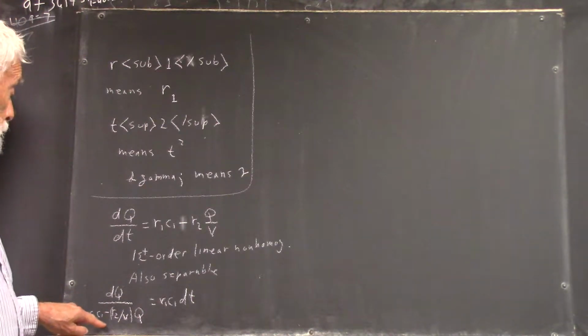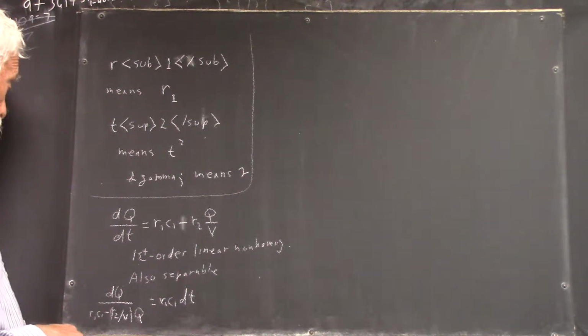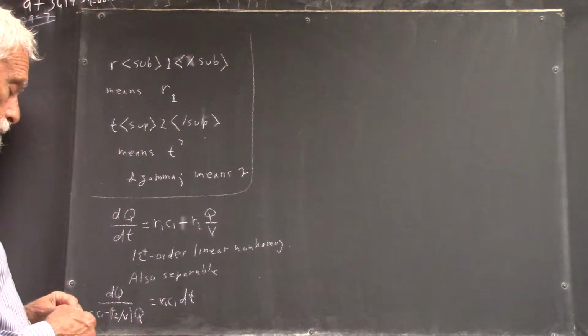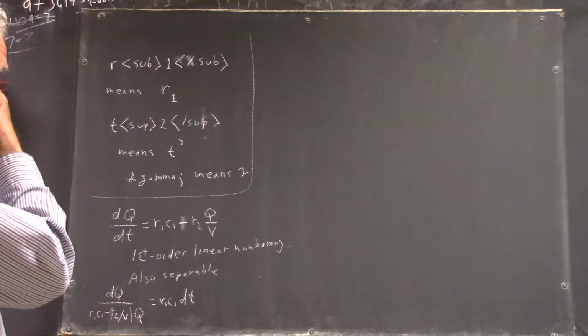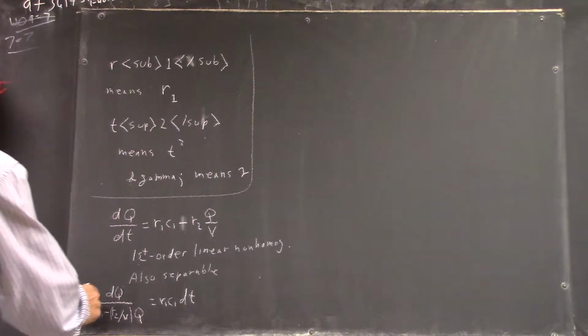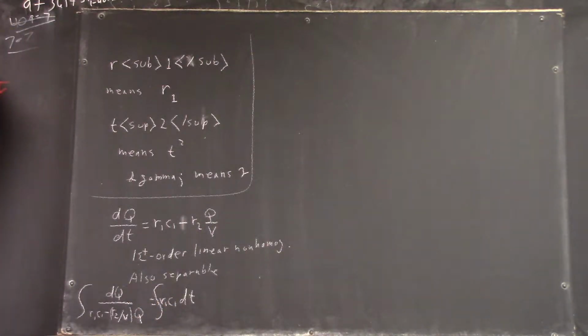So we've got to integrate this. Now how are we going to integrate this? What's the form of the integral? I'm going to go ahead and put the integral sign in front of these. You're going to have to do substitution. What's the obvious substitution?